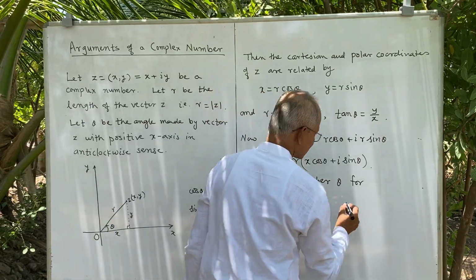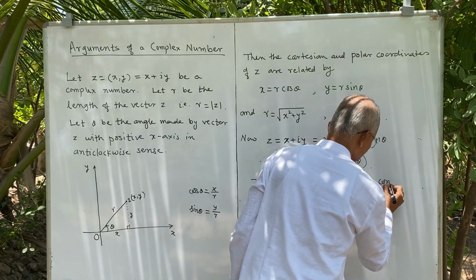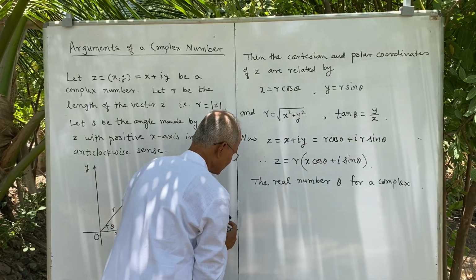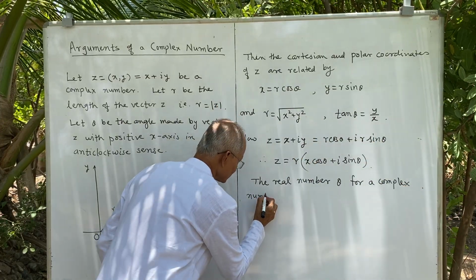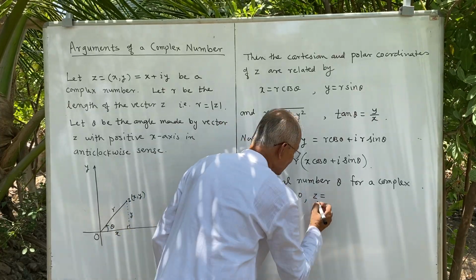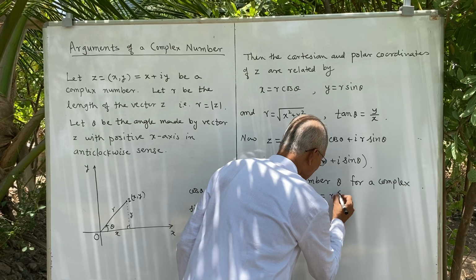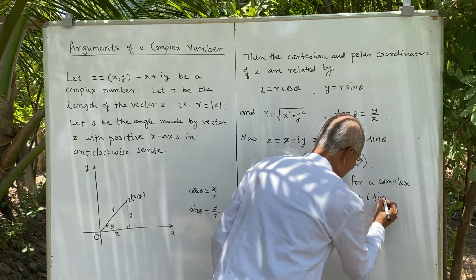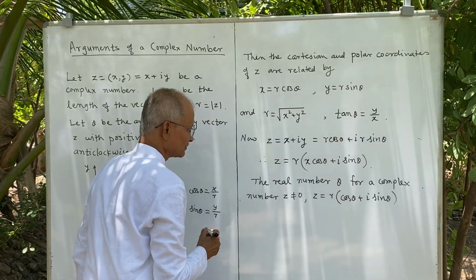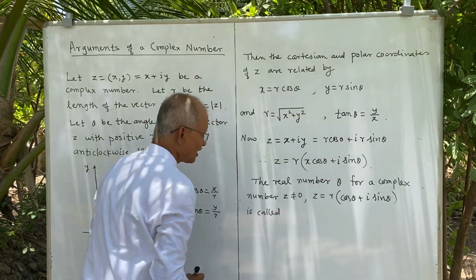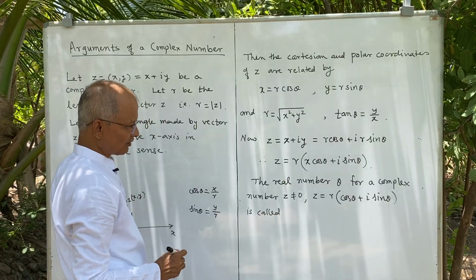For a complex number z not equal to 0, and z equal to r (cos theta plus i sin theta), the real number theta is called an argument of z.